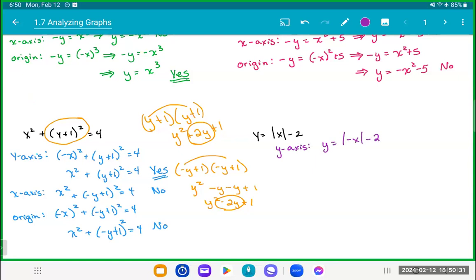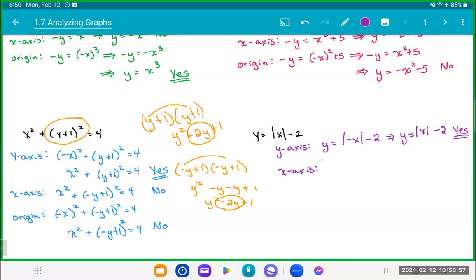The absolute value of anything is still positive, so that's going to give me y equals the absolute value of x minus 2, which is the same as our original equation. So as some of your classmates pointed out, this is symmetric with respect to the y-axis. So let's see about the x-axis and the origin.